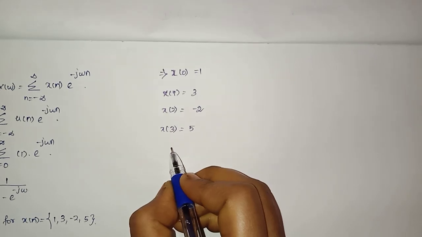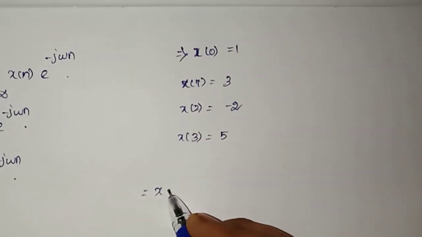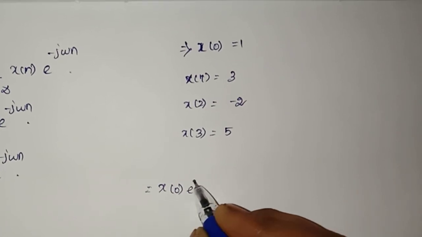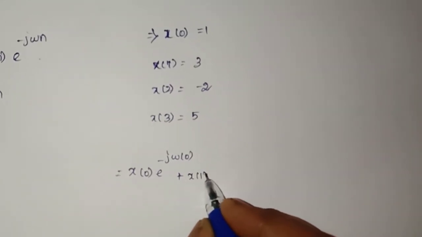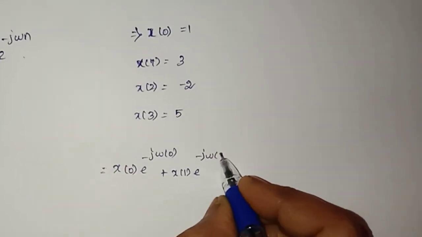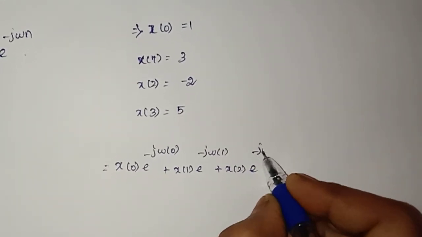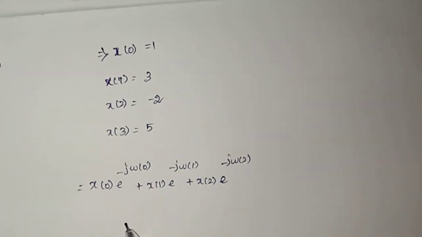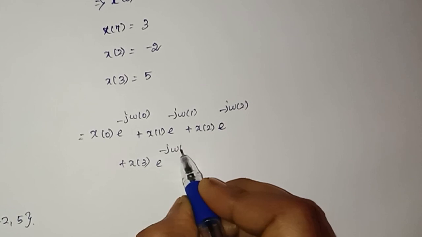Next, we substitute all these values in the last step: x of 0 e power minus j omega 0 plus x of 1 e power minus j omega 1 plus x of 2 e power minus j omega 2 plus x of 3 e power minus j omega 3.